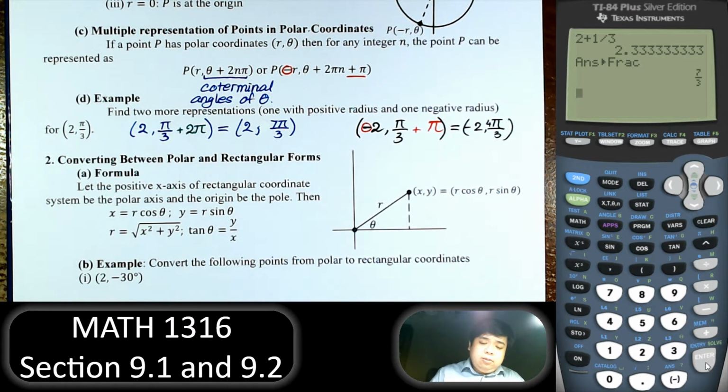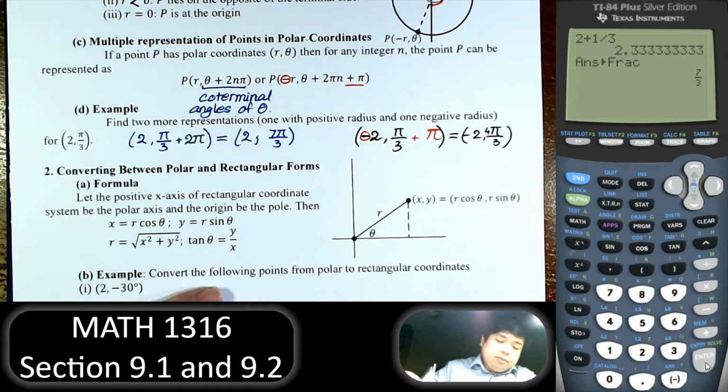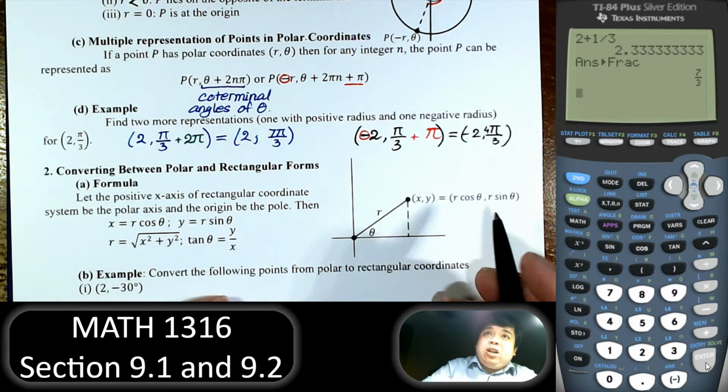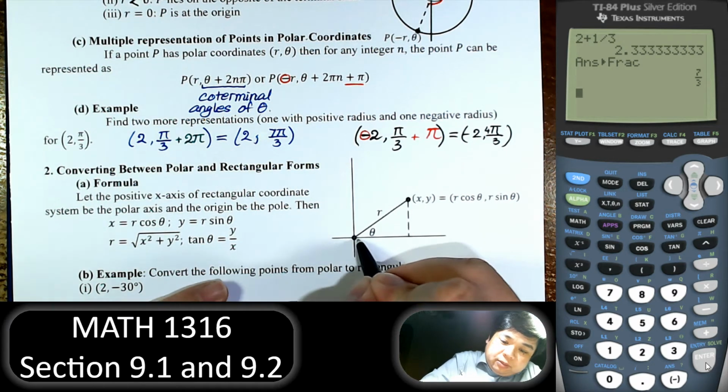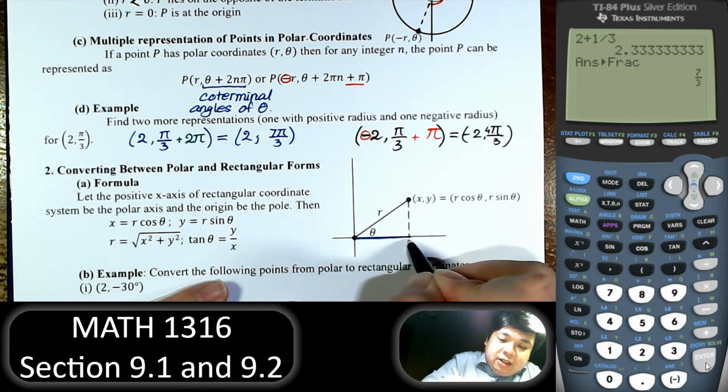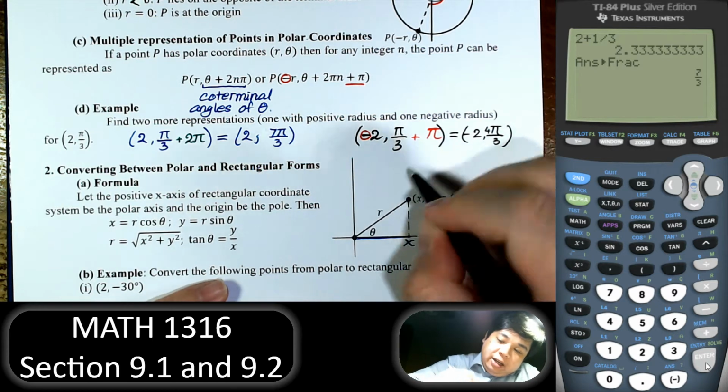It'll be simple enough, which is basic trigonometry. Right. So we have the point x and y. This will be x and this will be y.